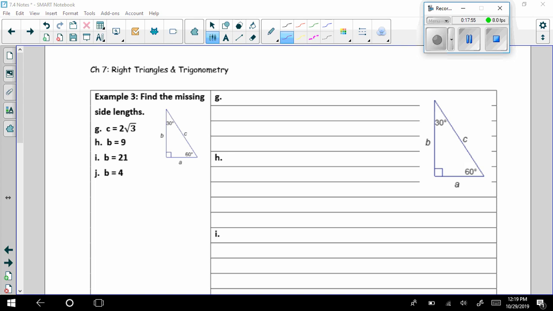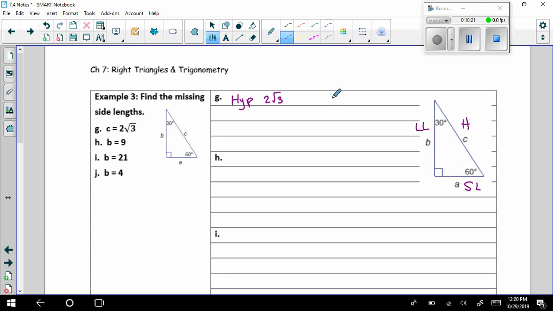Okay, I know the video is getting a little long, but just want to do a couple more here in case you get some weird things. So again, we have our hypotenuse, we have our long leg across from the 60, our short leg across from the 30. So make sure you know which one's which. In this case, we're given the hypotenuse, so the hypotenuse is 2 root 3.